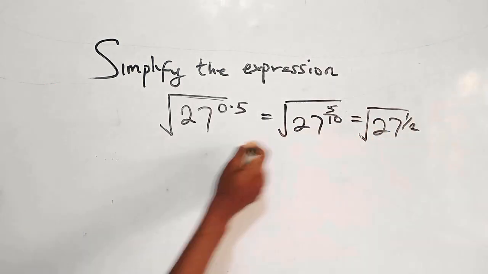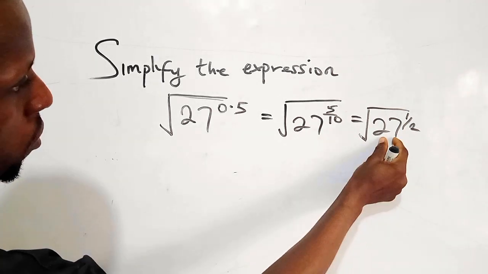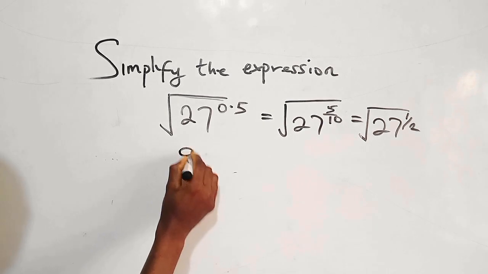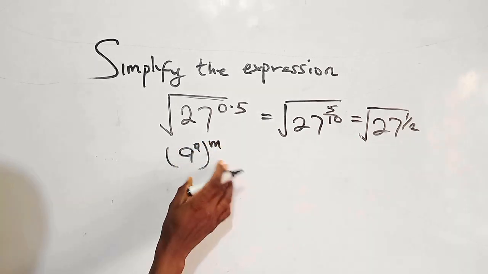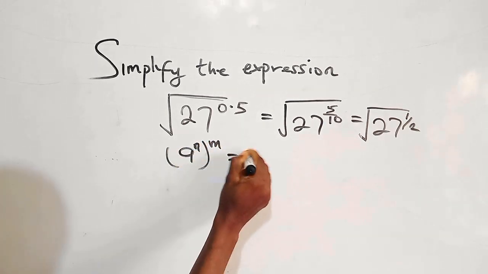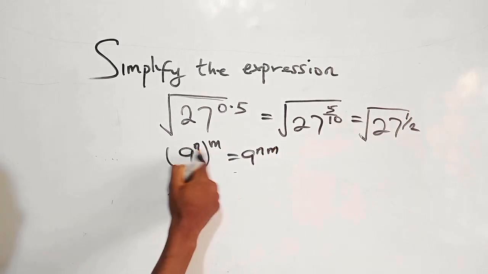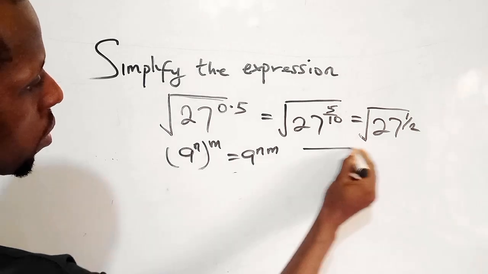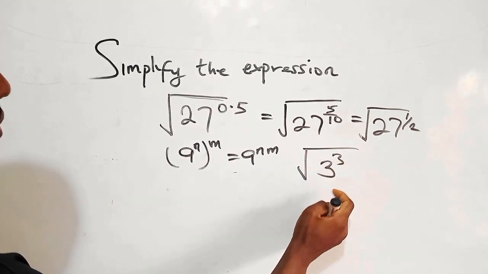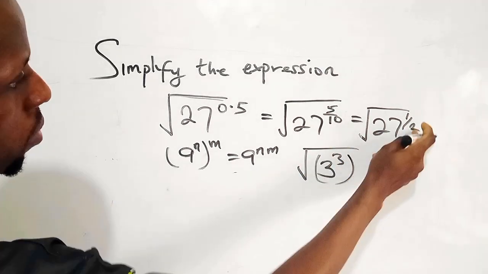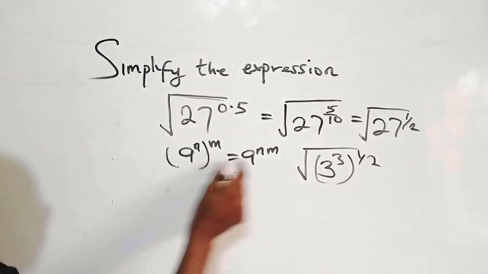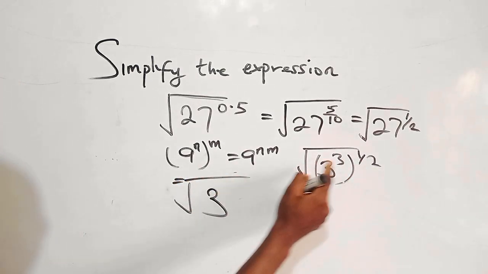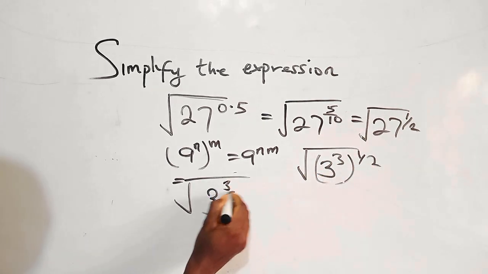So from here, I can use the exponent's power rule to write 27 as, do not forget, when we have something like this, using the exponent power rule, a to the power n when it multiplies itself. So I can write this 27 as 3 raised to power 3. When you apply this, it says square root of 3 raised to power 3 times half is 3 over 2.